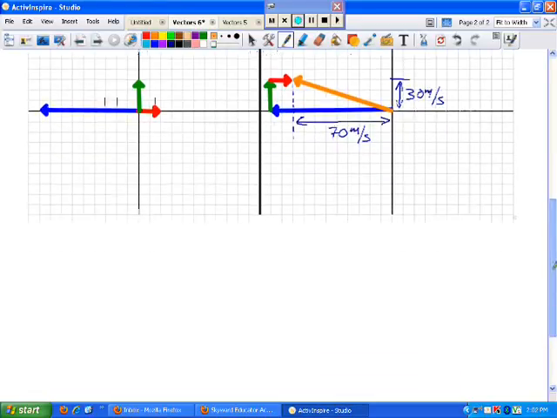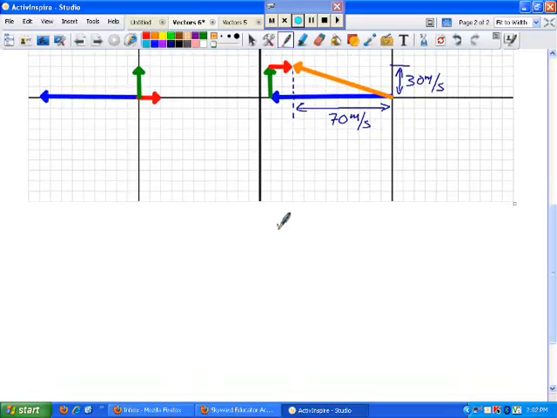Now we can use those two values and set up using the Pythagorean theorem, which again, as you know, is a squared plus b squared equals c squared. Again, we'll solve for c by using the square root of a squared plus b squared.